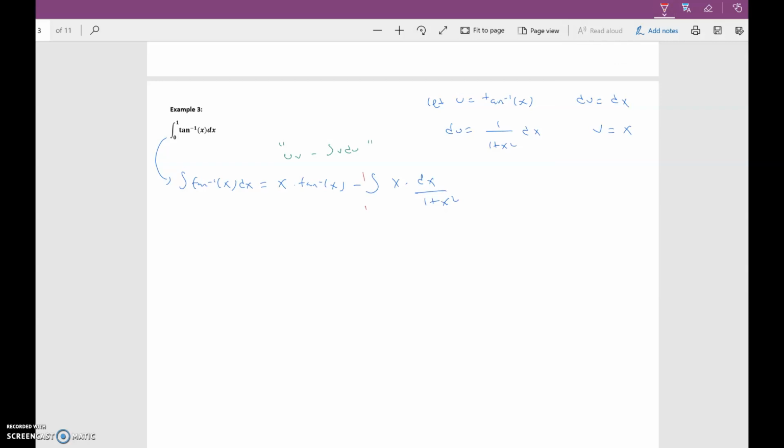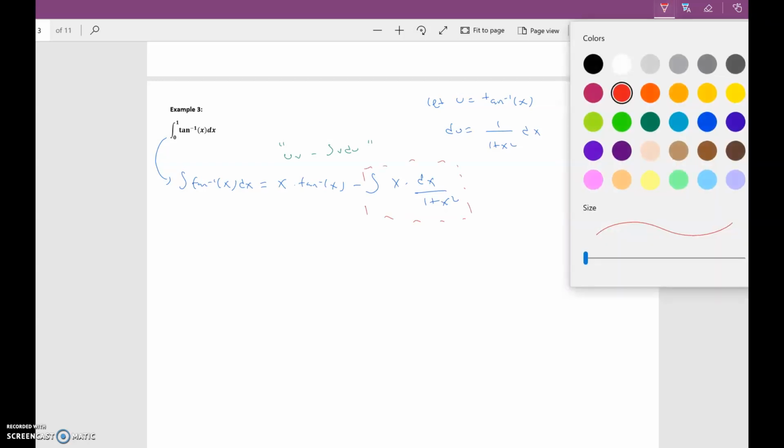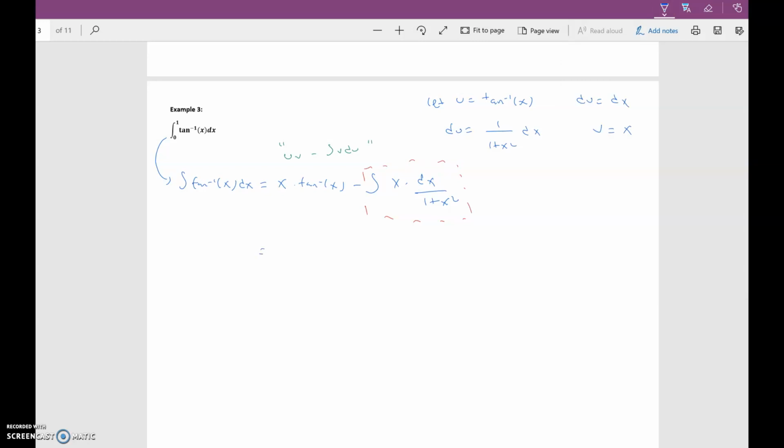So this is the part that we're looking at to see if it actually worked. Let me rewrite it: x tangent inverse of x minus the integral of x over 1 plus x squared dx.